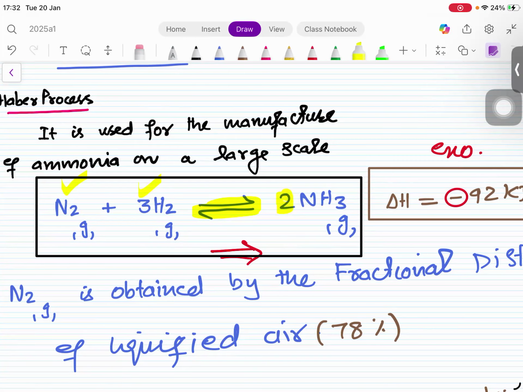But what's the problem? Why did we not have 1000 or 2000 atm pressure, which is high? High pressure is actually a process which is expensive to achieve. For example, I'm just using numbers to explain it, not the original numbers. Let's say we spent 1000 rupees to get a high pressure.